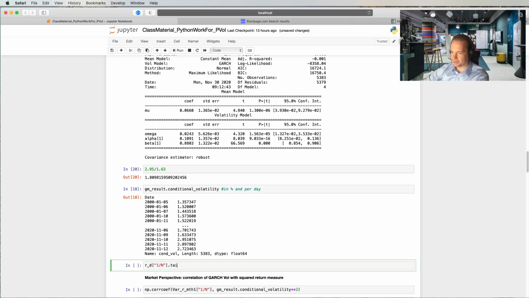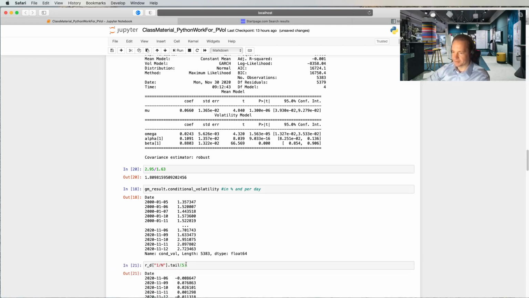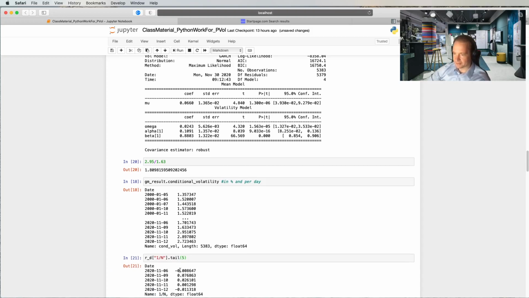I also want detail; let's take five. Exactly, that variance in t was large, so I said the return on the 9th of November must have been really large, and that's what you see here.